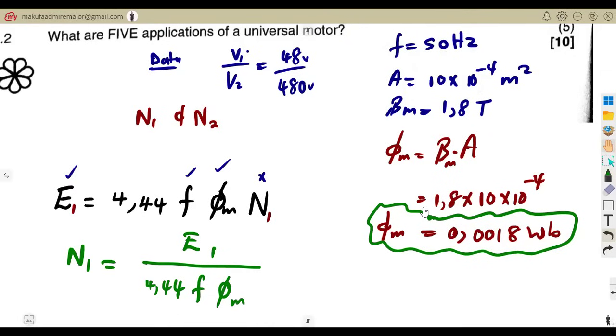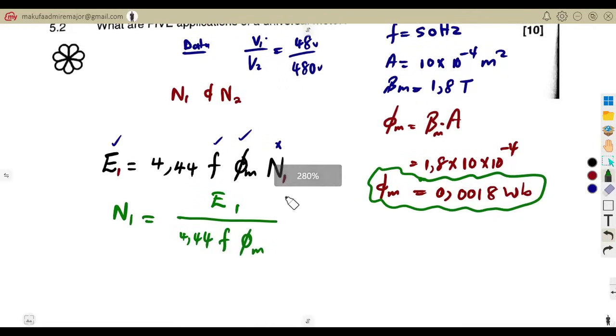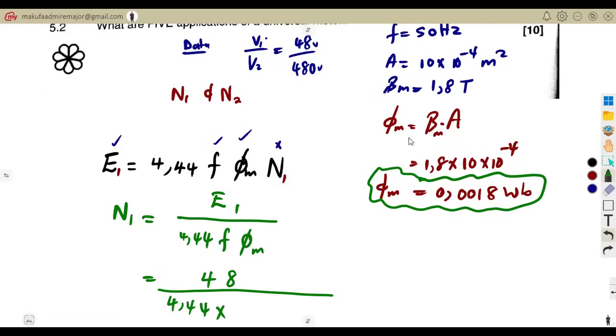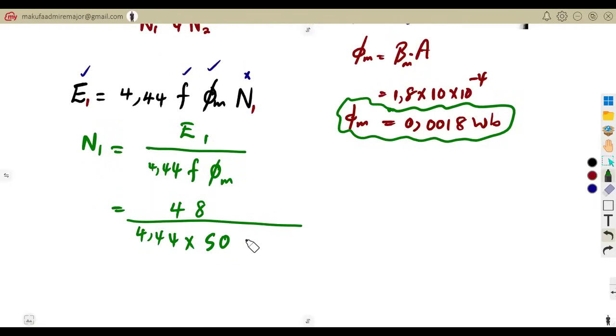Let's substitute E1 as our voltage given there. That is 48 over what? 4.44 times the frequency. Remember, we are given frequency, that is 50 hertz. The maximum flux, as we calculated it, was 0.0018.